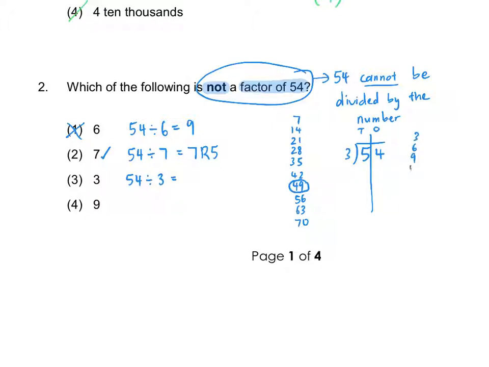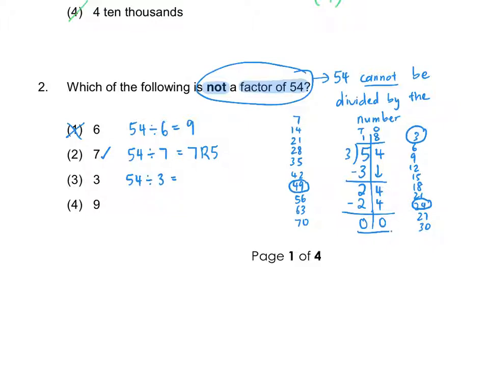List down the 3 times table. 5 divided by 3, we choose 3, position 1, 1 times 3 is 3, you subtract, 5 minus 3 is 2, bring down the 4, there is a 24, position 8, 8 times 3 is 24, when you subtract, you get 0.